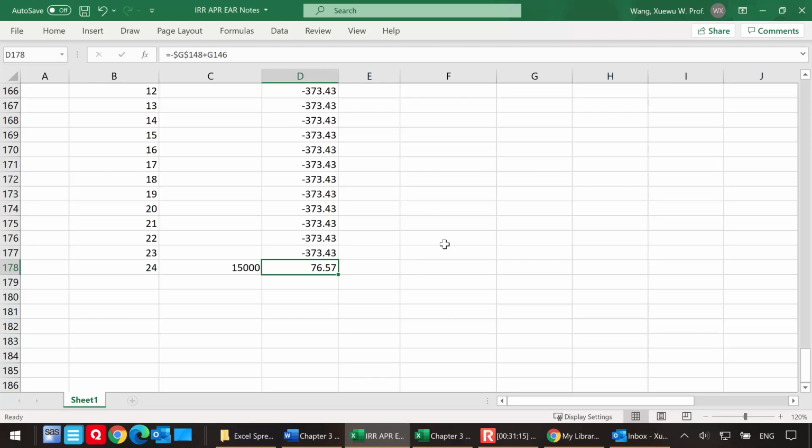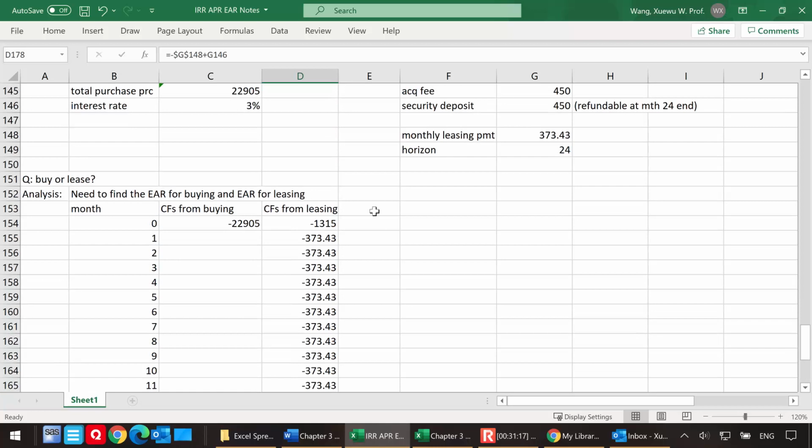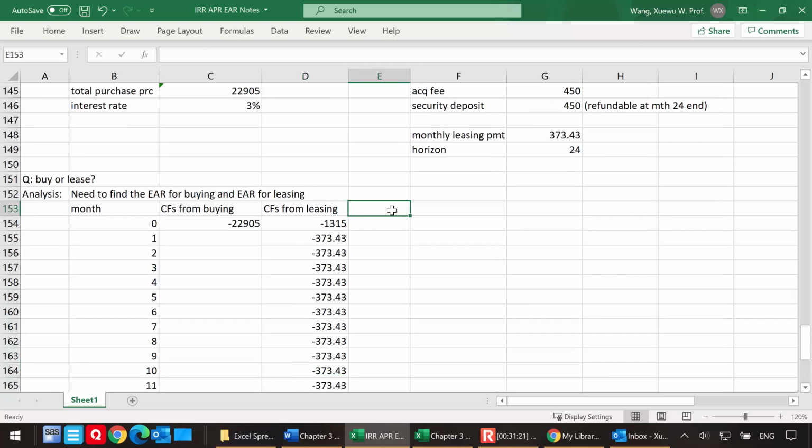So this is the setup now. Now I should look at the leasing option, and just similar to the previous example, I should look at the differential cash flows. Remember, you always do the cash flows from leasing minus the cash flows from buying. In this case, if you lease, you pay $1,315, but if you buy, you pay $22,905.